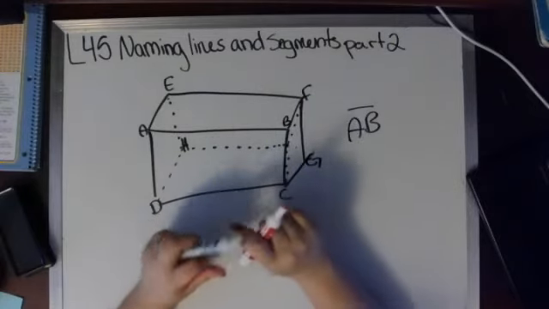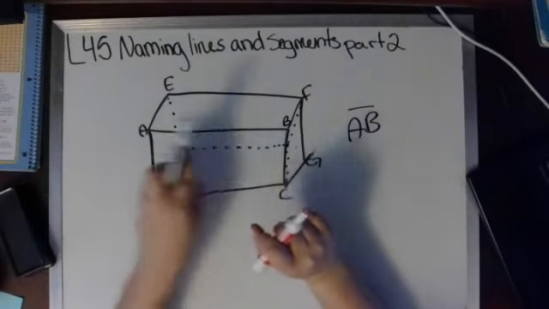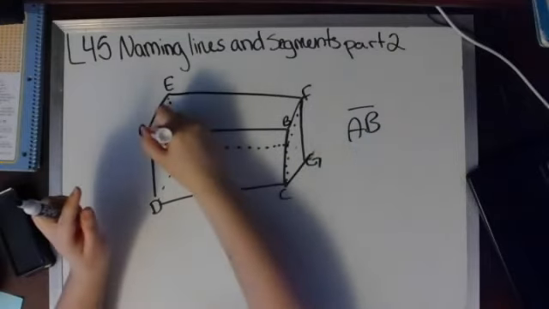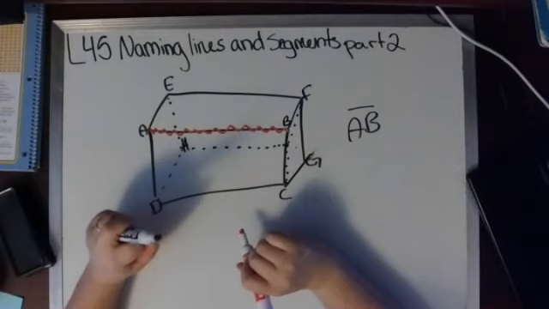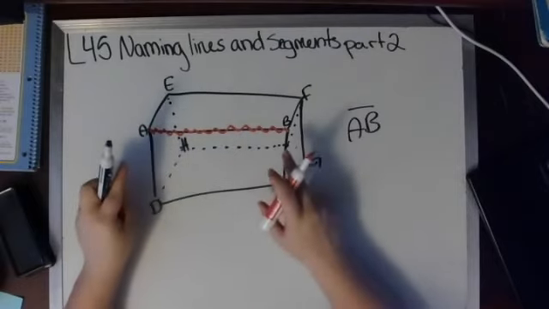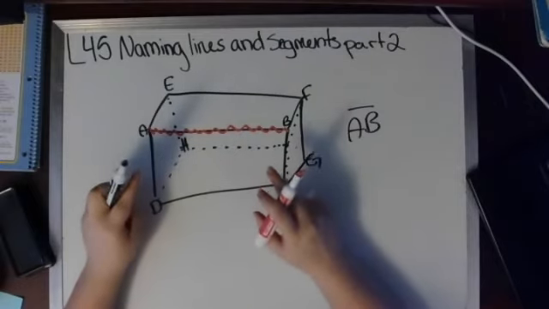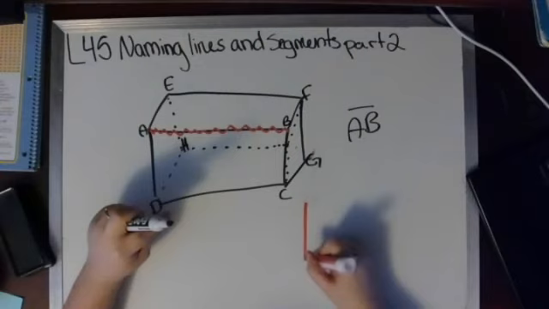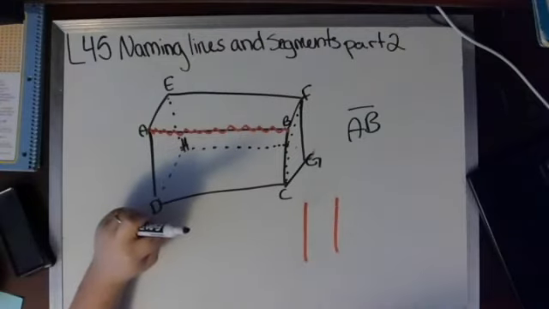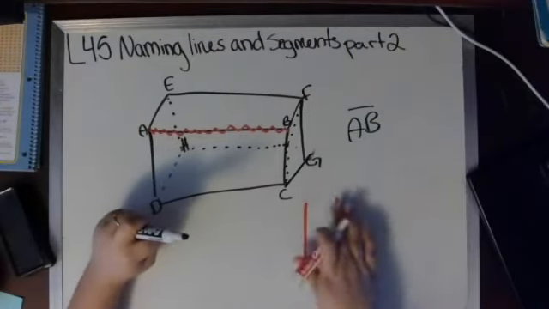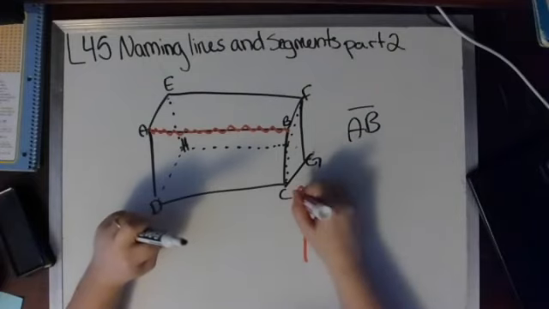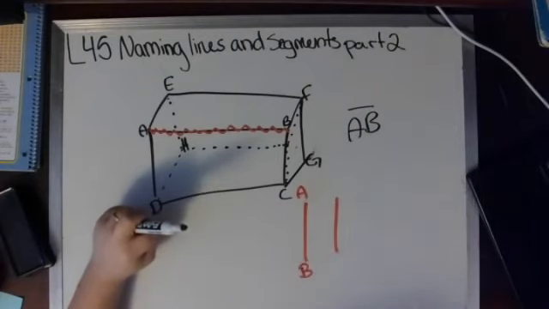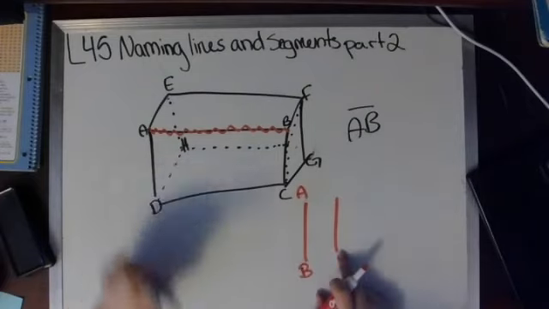There's B. Okay, A, B. That is segment AB. So I need something that is parallel to AB. Okay, now remember, parallel means equal distances apart on all ends. So no matter where you look at it, it is equal distances apart. So this is AB. That's the one we're looking at. We need to find the one that's parallel to it.